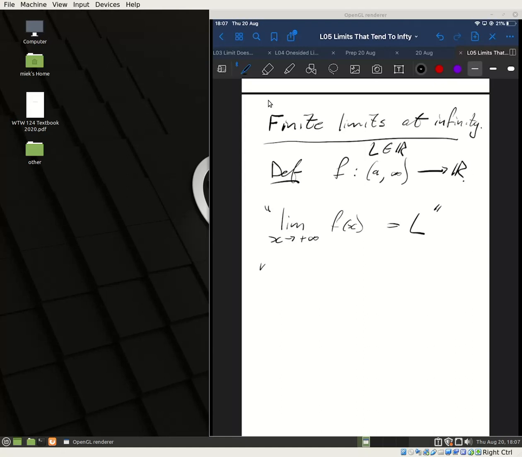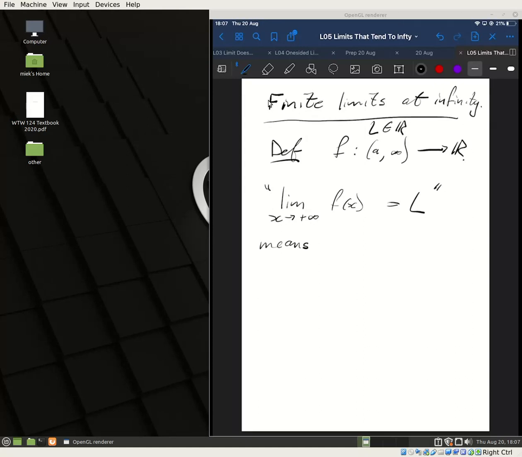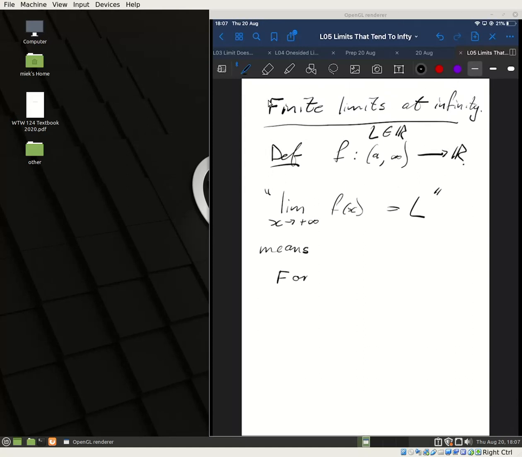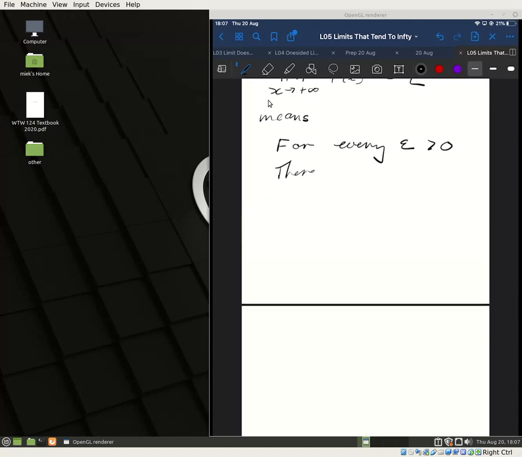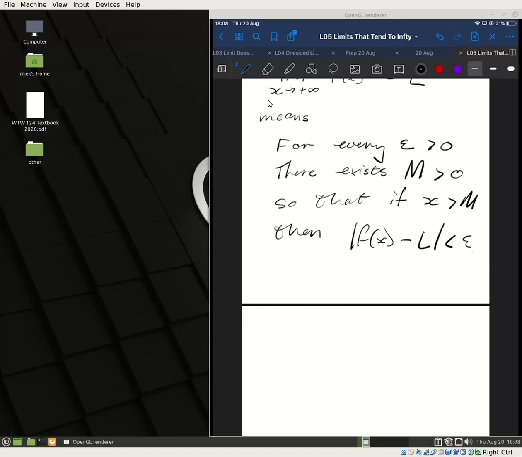This means the following: for every epsilon greater than 0, there exists an M, capital M, greater than 0, so that if x is bigger than M, then the function values are within an epsilon distance of L.